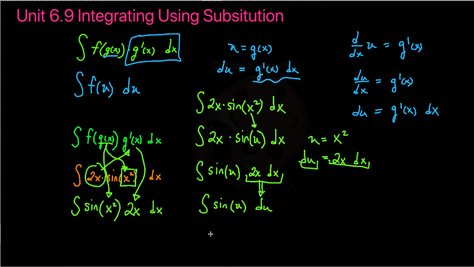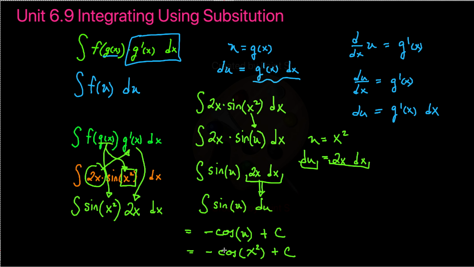Well, the derivative of negative cosine is sine, so the antiderivative is negative cosine u plus some constant c, and then you just substitute back for what u is after you anti-differentiate. After you anti-differentiate, don't try to substitute back for u until you've taken the antiderivative with respect to u.